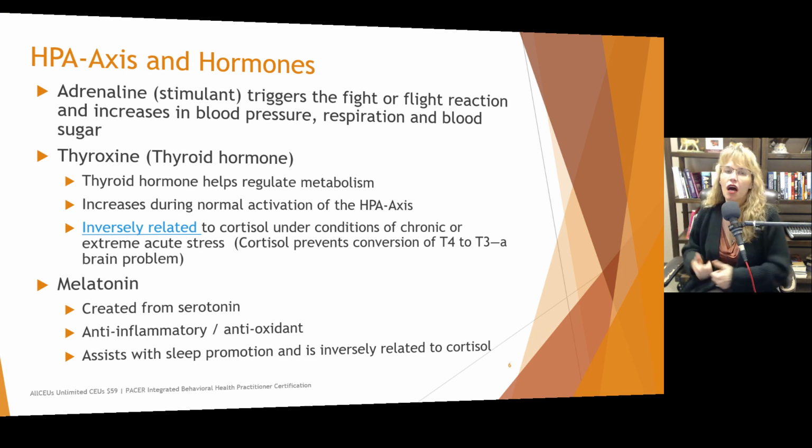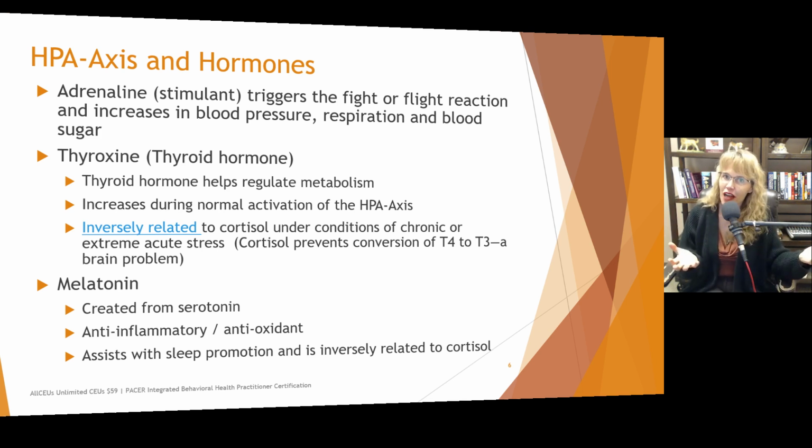That's good. Unfortunately, when there is chronic or extreme stress, the thyroid hormones tend to go down and people start developing hypothyroid symptoms. Why is this? Because all that excess cortisol circulating in the body as a result of the ongoing stress prevents the body from breaking T4, the first thyroid hormone, into usable T3.